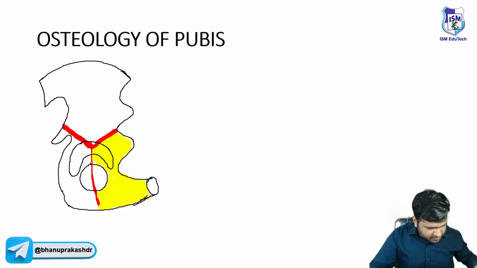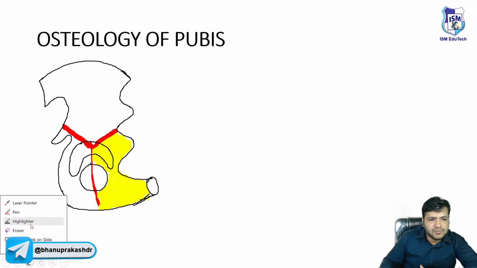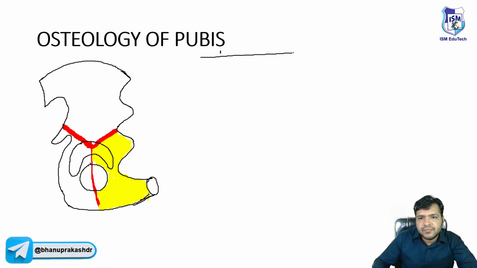I'm just trying to draw it in 1D, and I will show you how things actually work. So the pubis bone, beta, remember the pubis bone. It is having two parts.